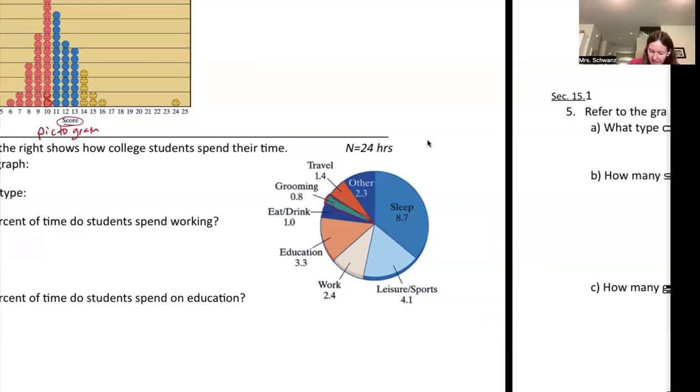This person spends the least amount of their day grooming, and the most amount of their day sleeping. That's what's really nice about a pie chart like this, because you can easily compare and visually see how much more time you're spending in one area than the other.